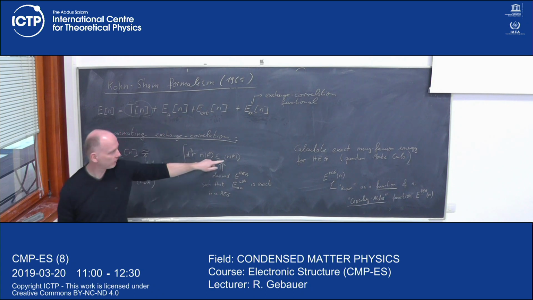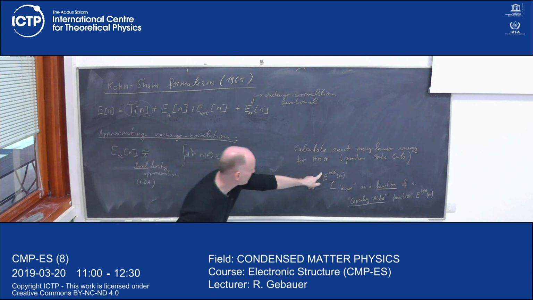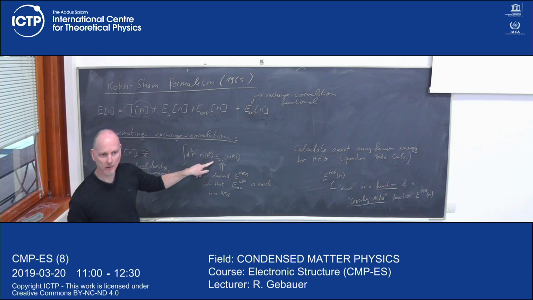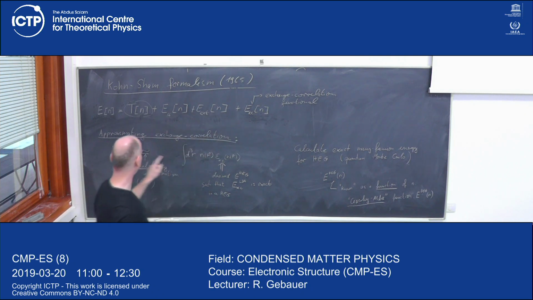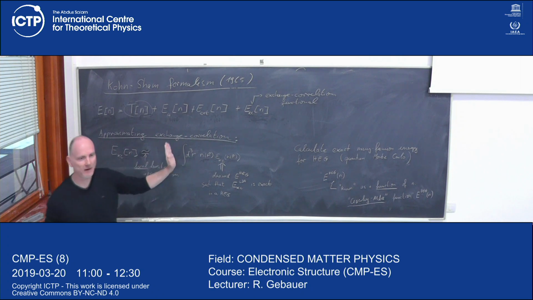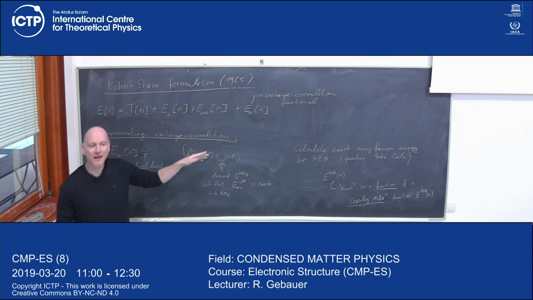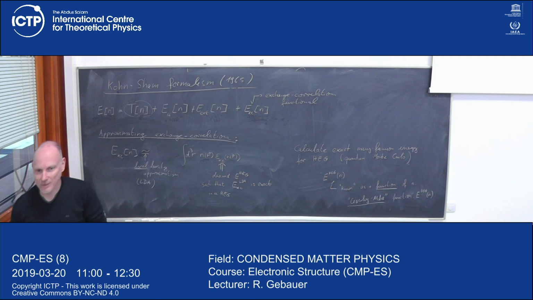Since you know the energy, you know what this must be. Okay? So you can, in this way, very easily derive what this thing is. And then you use here the kinetic energy as we have just defined it earlier. You use this, and you take this now for a system where the density varies in space as your approximation.